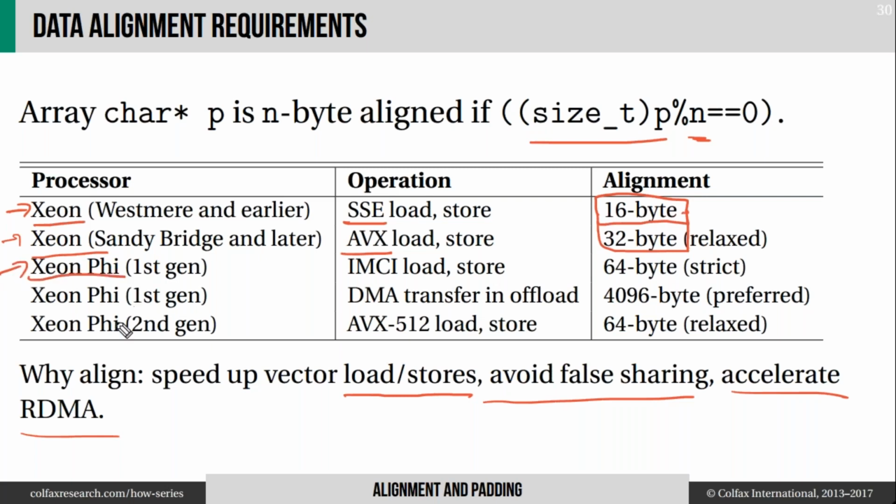If you are working with an Intel Xeon Phi processor, KNC architecture, it wants 64-byte alignment, and this is a strict requirement. You cannot load from a non-aligned address. The same processor, if you want to accelerate offload, align on 4 kilobytes. But back to vectorization, Knights Landing processors want 64-byte alignment, and again, this is a relaxed requirement.